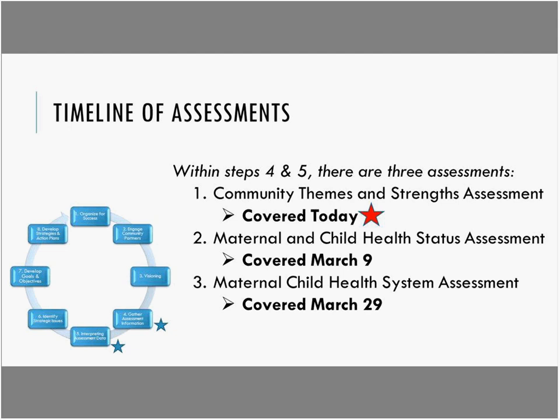So the ones that we'll be using are the community themes and strengths assessment, which is what we'll be talking about today. We'll also have a maternal and child health status assessment that will focus more on population data, and a maternal child health system assessment, which will focus more on the way that you work together with your community partners to deliver the essential public health services from a maternal child health perspective.